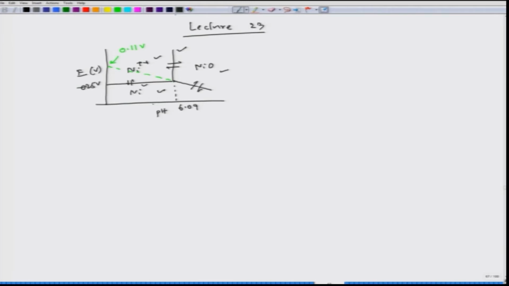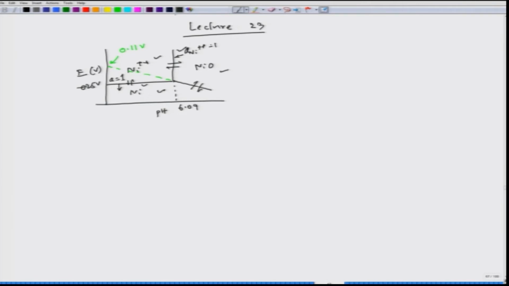But it is potential dependent. As we have seen, this was drawn when the nickel ion concentration was 1, that is, Ni plus plus activity equal to 1. Only then could we get 0.25 volt. If we change the activity of nickel plus plus from 1 to 10 to the minus 1, 10 to the minus 2 like that, this line would go down.